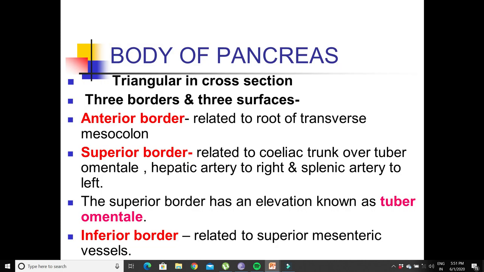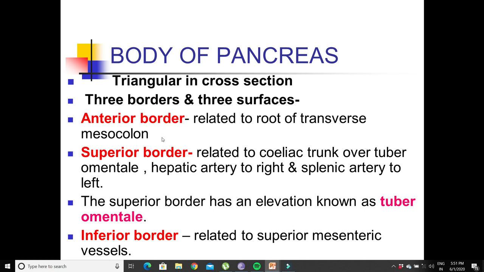Now we come to the body of the pancreas. Regarding the body of the pancreas, it is triangular in cross section. It has 3 borders and 3 surfaces.